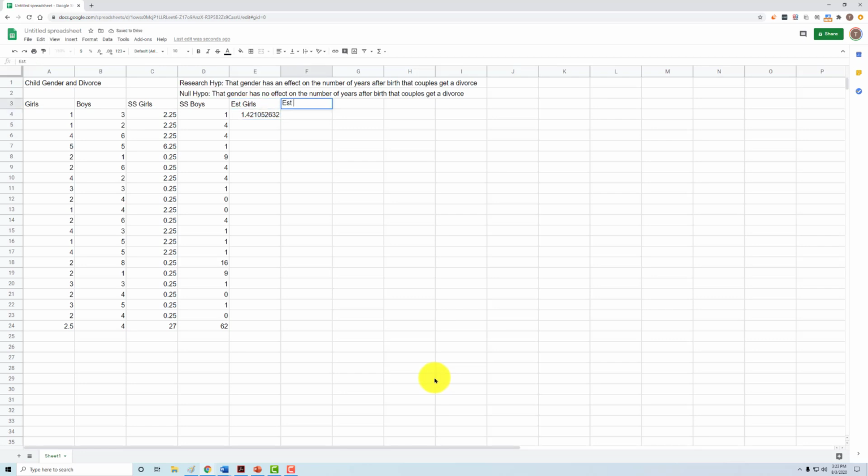And the estimated variance for boys is also going to be the sum of squares divided by the degrees of freedom. So far, this is exactly what we did in the last module, except now I'm doing it for two different groups, and I have two different estimated variances.